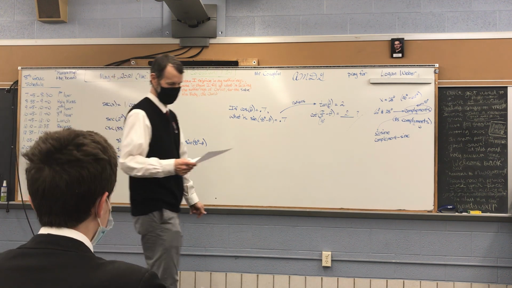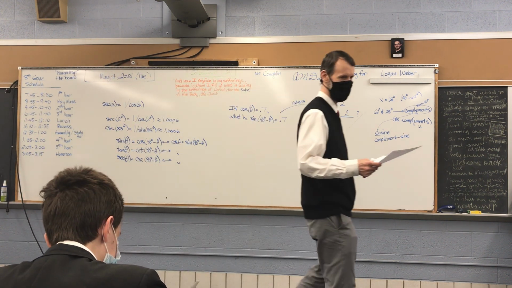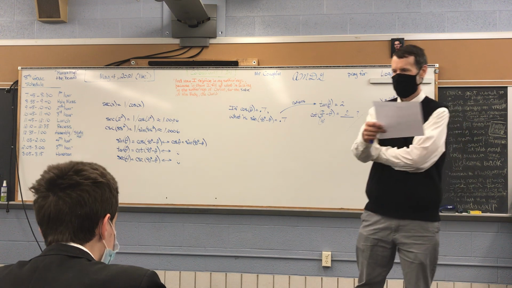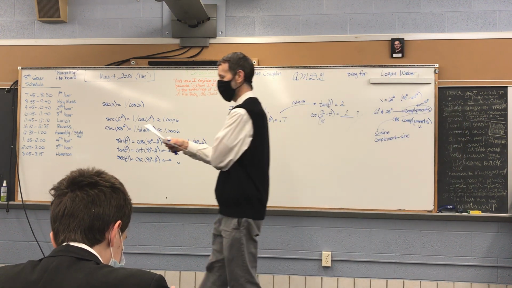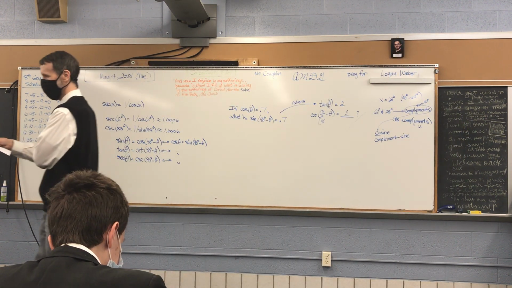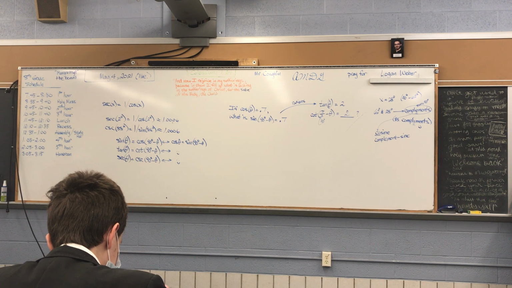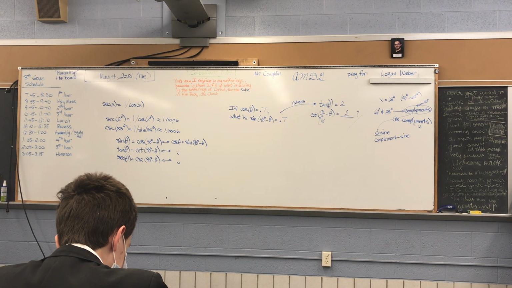Look at number 6. Let's do this together. Number 6 should say, if the cotangent of theta is negative 11.43, find the tangent of pi over 2 minus theta.